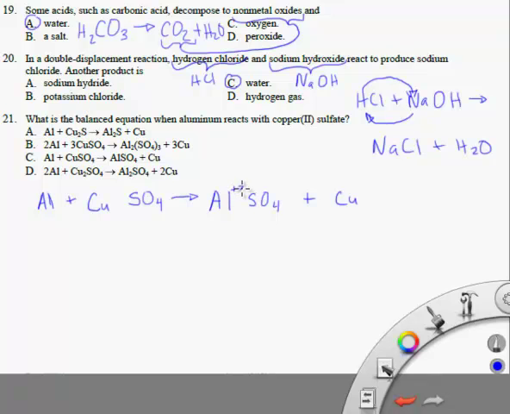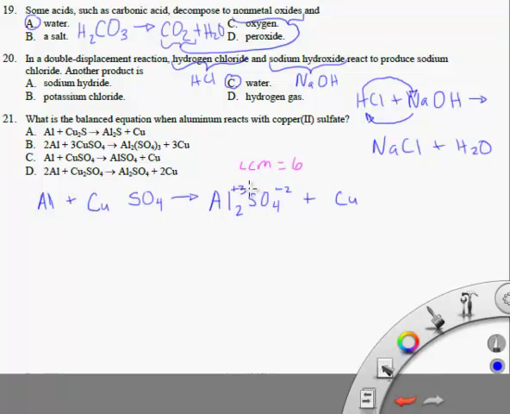Aluminum forms a +3 charge. Sulfate again is -2. If you recall, we could use the least common multiple method, LCM. The least common multiple between 3 and 2 is 6. So our subscript for aluminum needs to be 2, because 2 times 3 is 6.